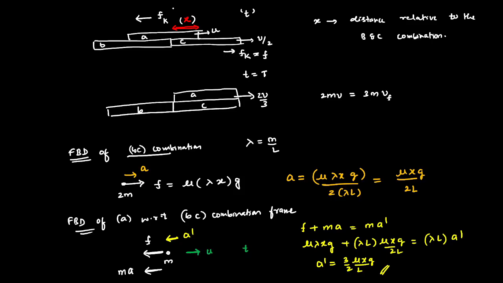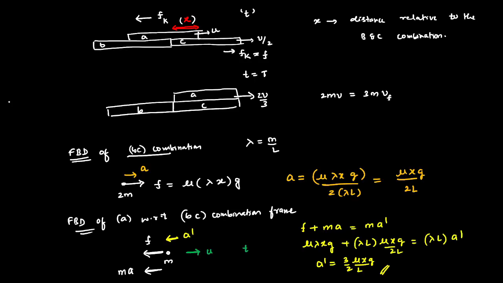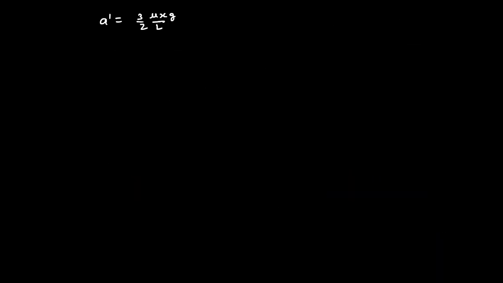Since acceleration a dash is 3 by 2 mu x g by L, this is what we have. We are using the variable small u for speed as a function of time.